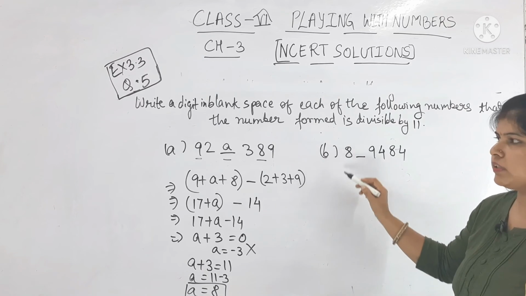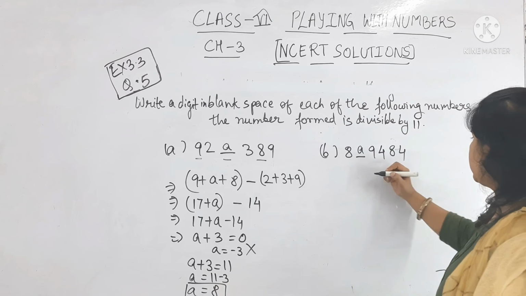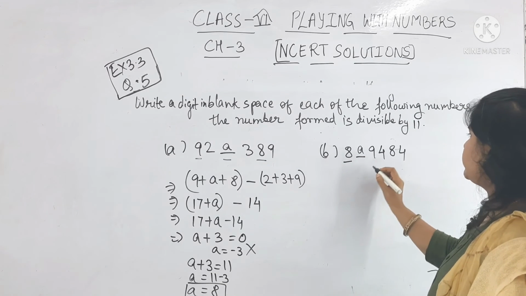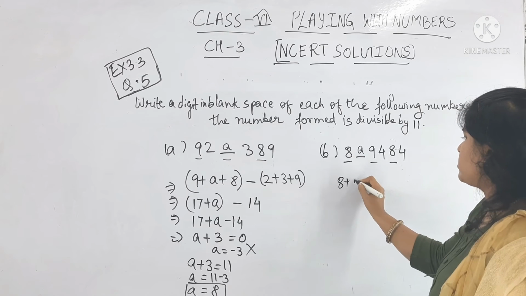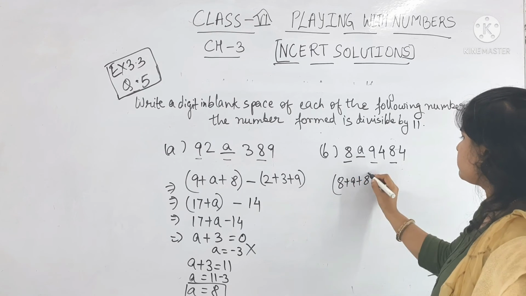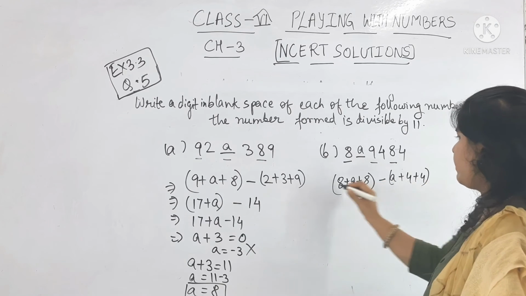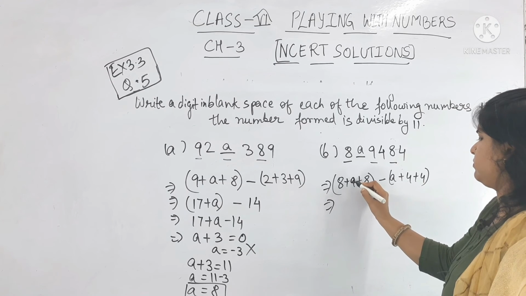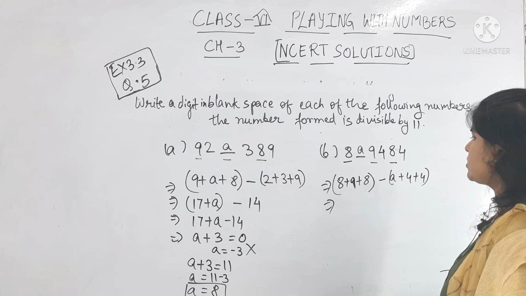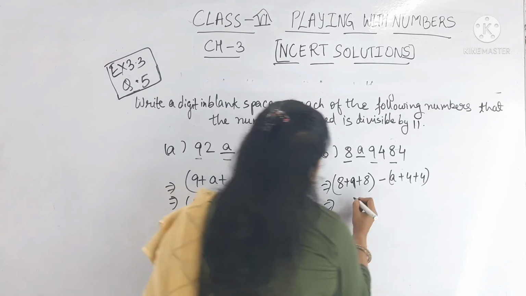Okay students, come to the next B part. Here also I am taking A as the unknown number. These are the odd places, 8, 9, 8. So 8 plus 9 plus 8 minus A plus 4 plus 4. What will I get here? 8 plus 8 is 16. 16 plus 9, 25.